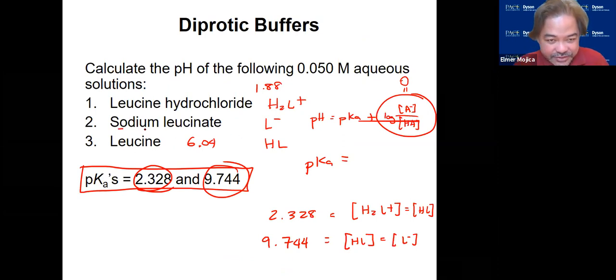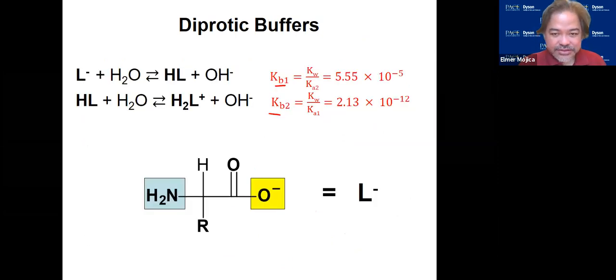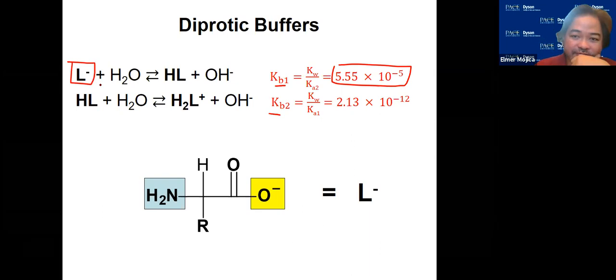So the next thing that we're going to do, sodium leucinate. I need some space to answer it. Okay, so maybe I use this one. Sodium leucinate. So I can go with this value because the one that I'm calculating is L minus.